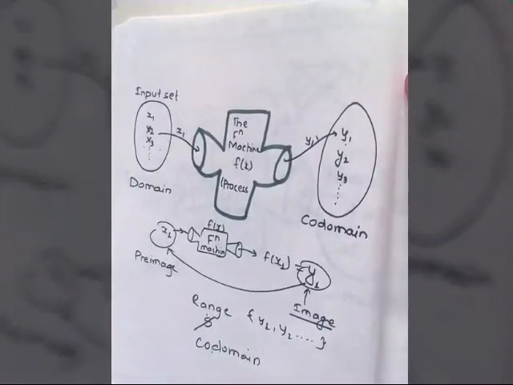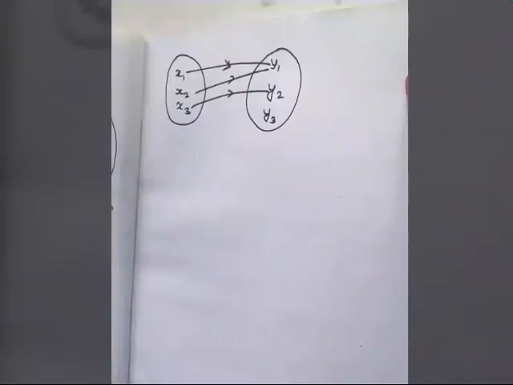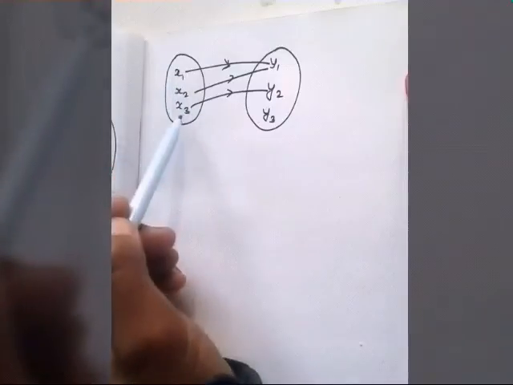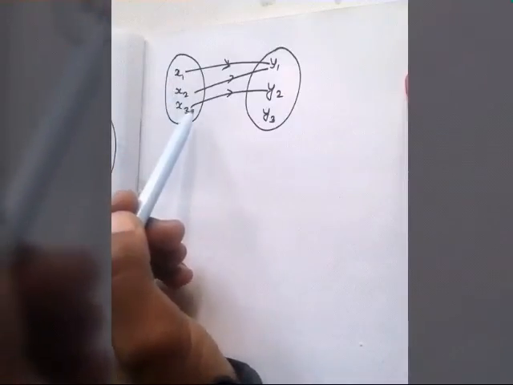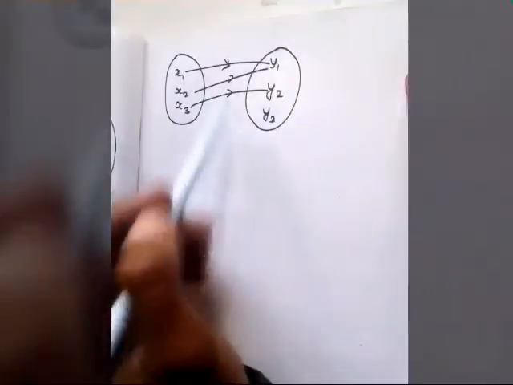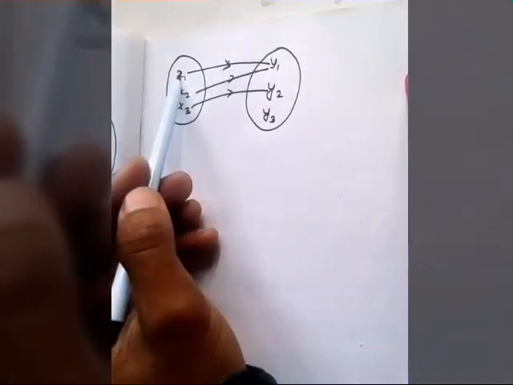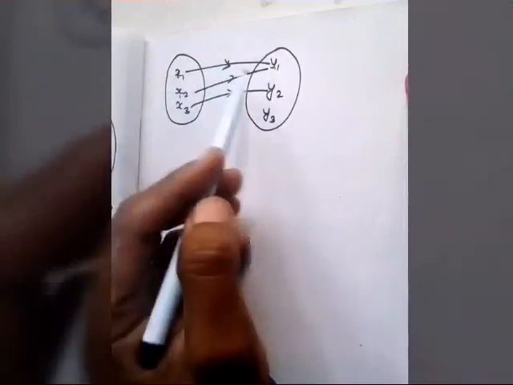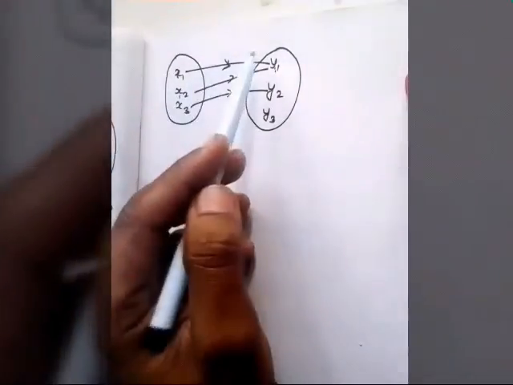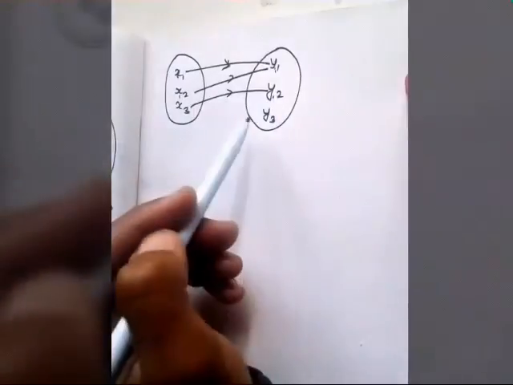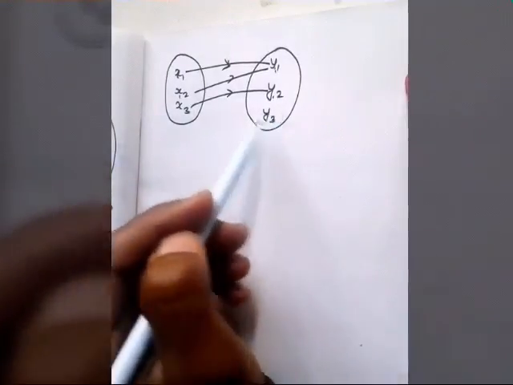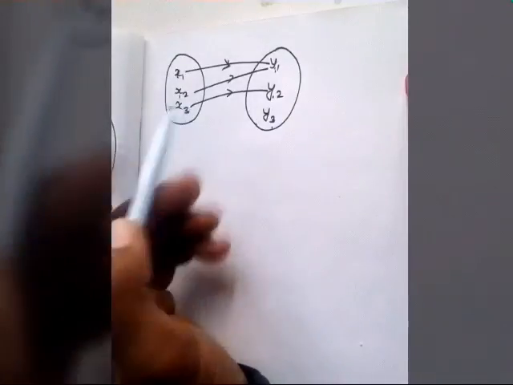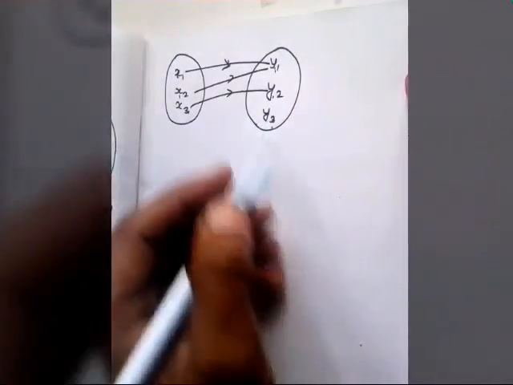Let me illustrate with an example. Every x must be connected with a unique element of Y. We see that x1 is only connected to y1, so it has a unique element. x2 is also connected only to y1, so it also has a unique one. Now x3 is connected to y2, but y3 has no correspondence in X. This means y3 is alone.